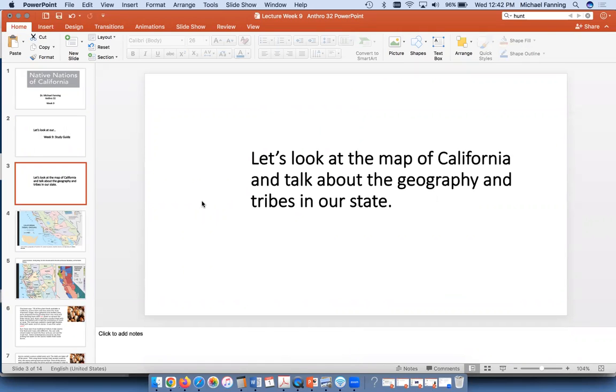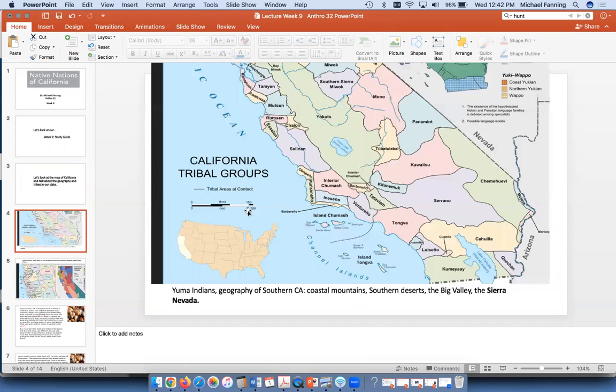We're going to take a look at the map of California. I'm assuming that most of you living in California are familiar with the state, but some of you might not have traveled throughout the state, and hopefully you'll have that opportunity in the future. This is Southern California, and all of these different colored areas are for different tribes.